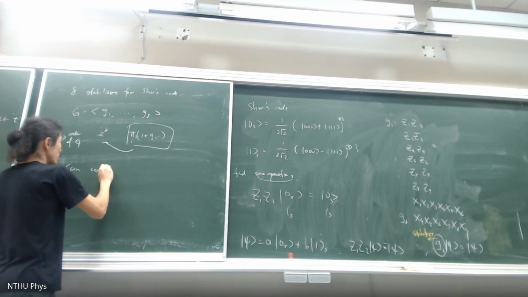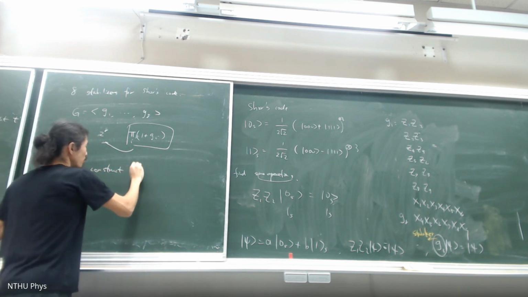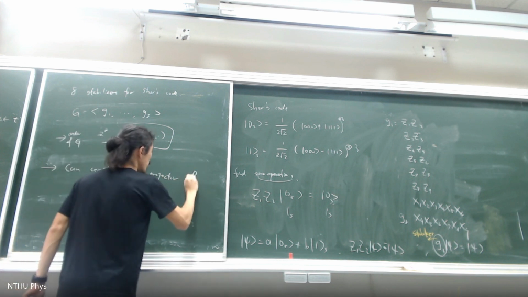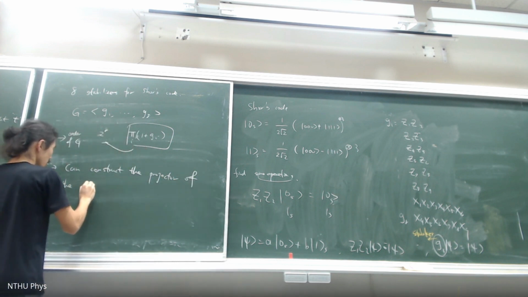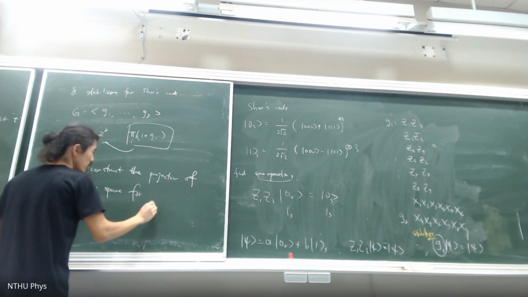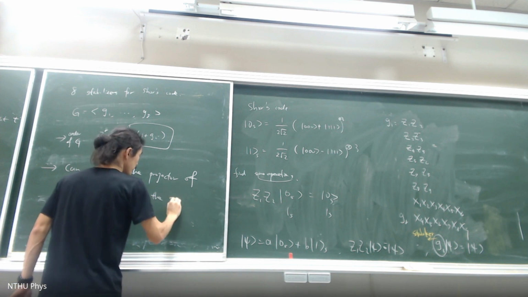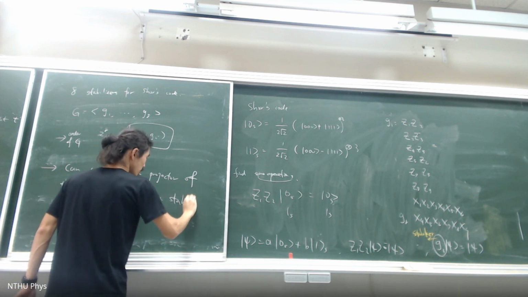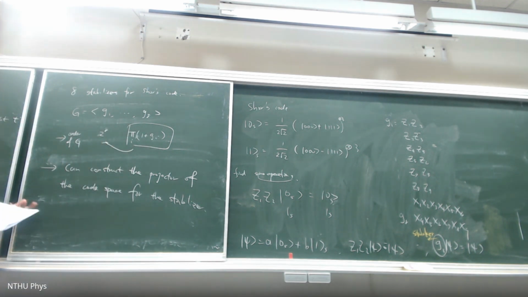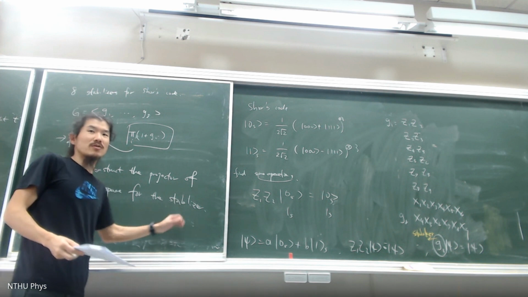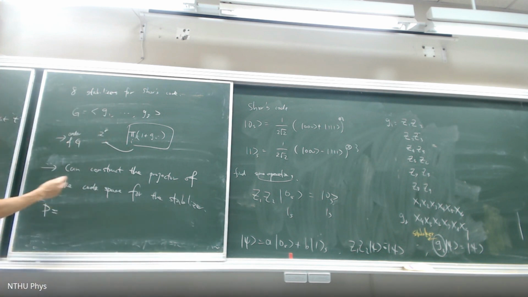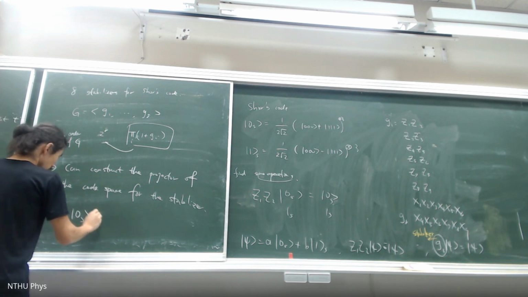You can construct a projector of the code space from the stabilizers. That is the reason why it's so powerful, because you don't need to know the state, you just need to know the stabilizer. And you can show in this example, the projector of the code space is nothing but this one.